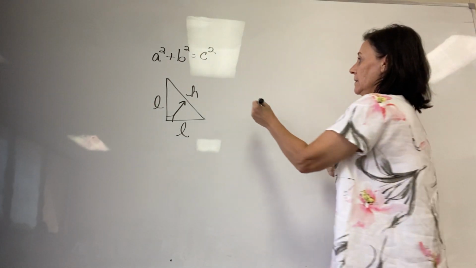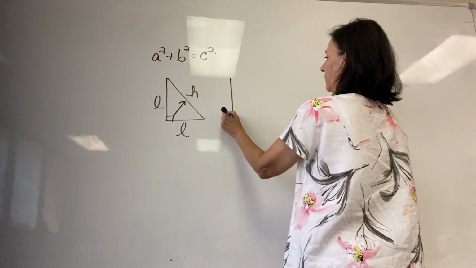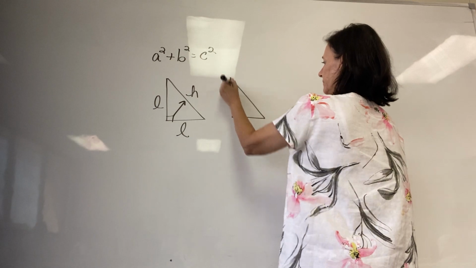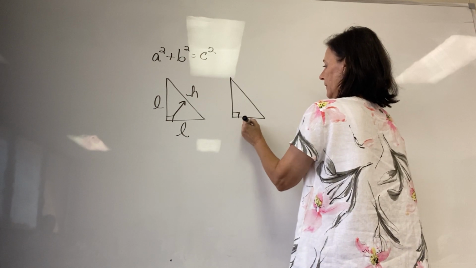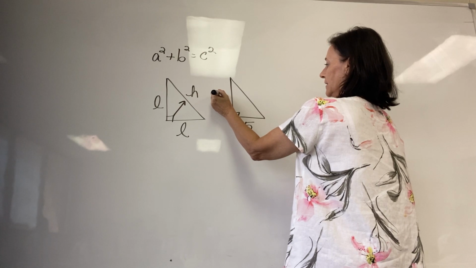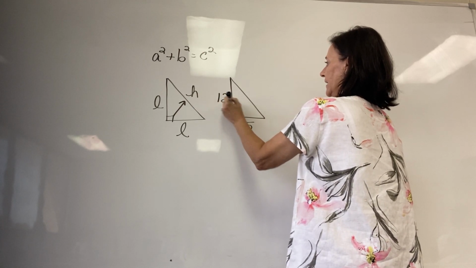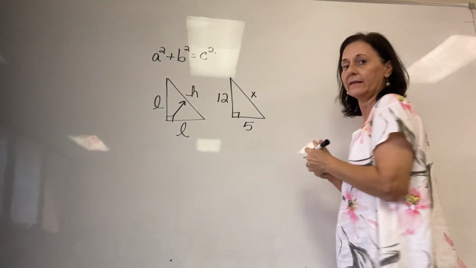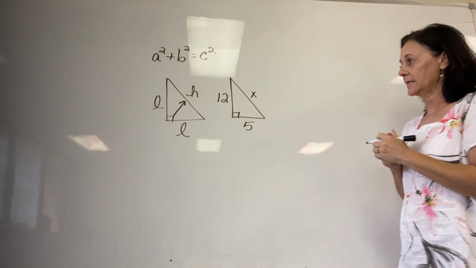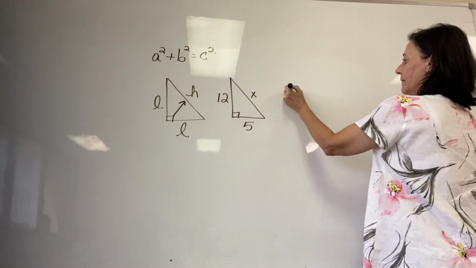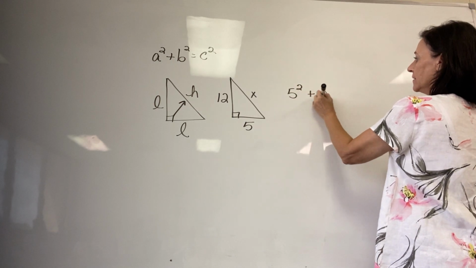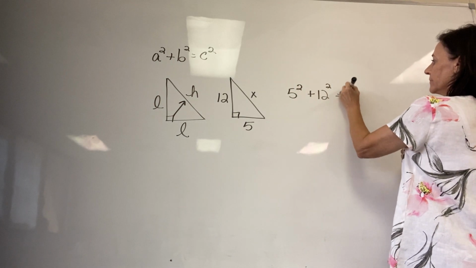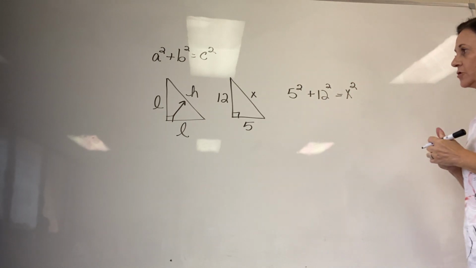All right. So if I had a right triangle and I told you that one side length is 5, another is 12, could I find that length? Yes, I could. I would take my 2 legs, 5 squared plus 12 squared equals x squared.